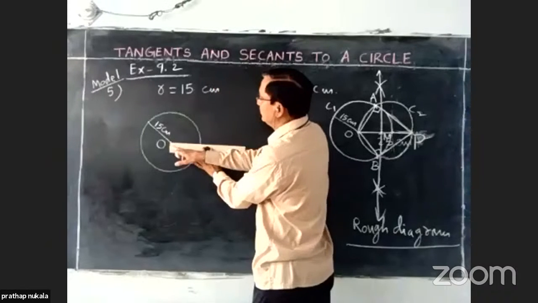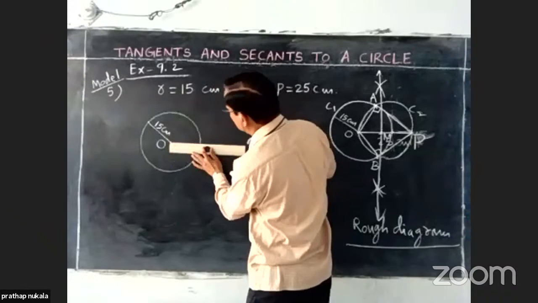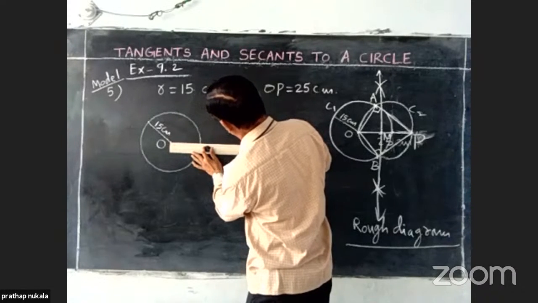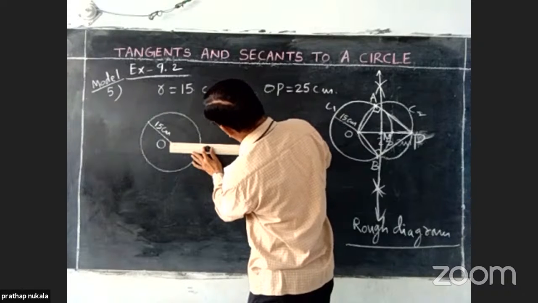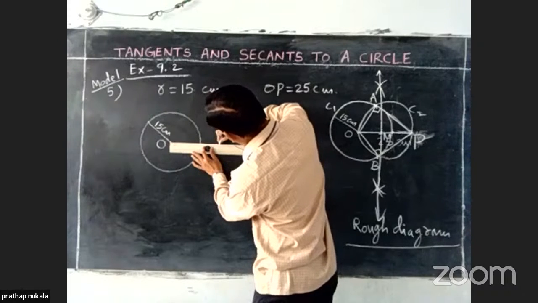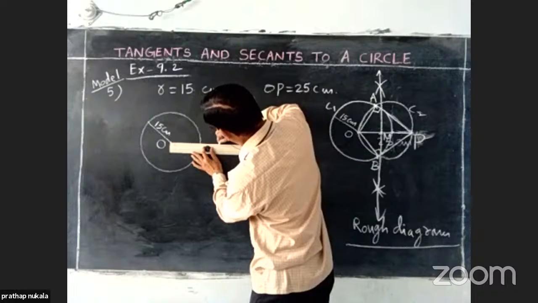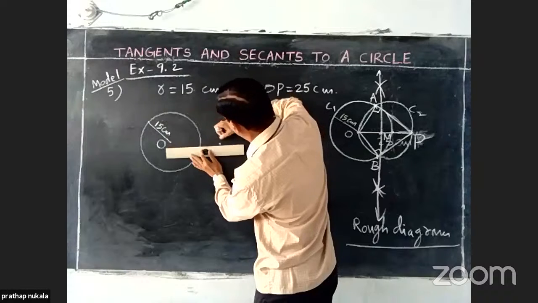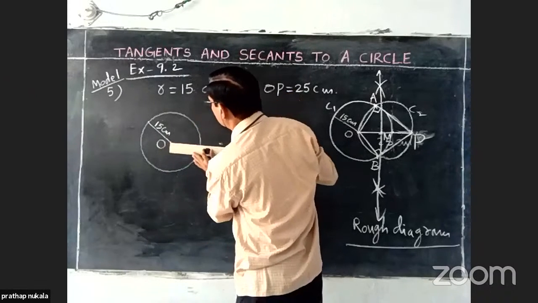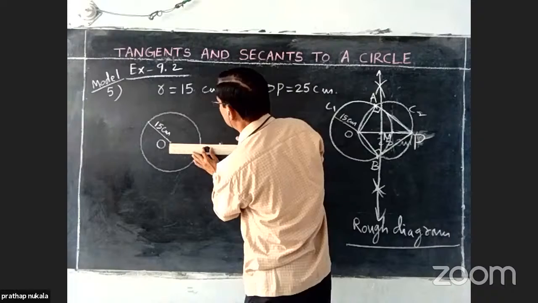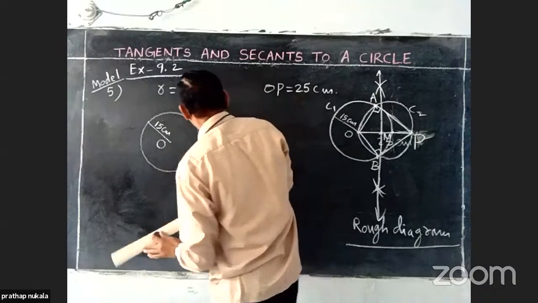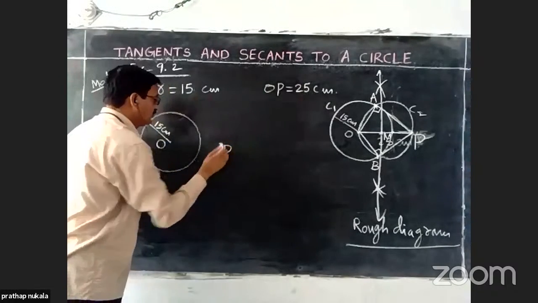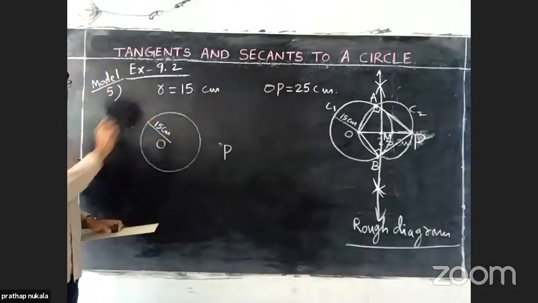Hold 0 at point O. Here it is 25 centimeters. Just locate the point P here, since it is 25 centimeters from O. This is point P. Now join O and P.